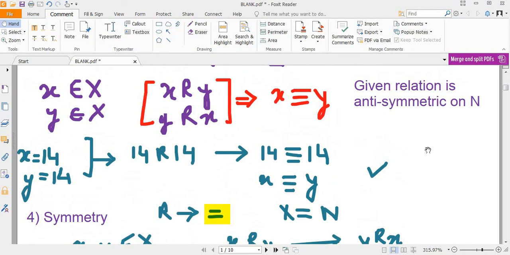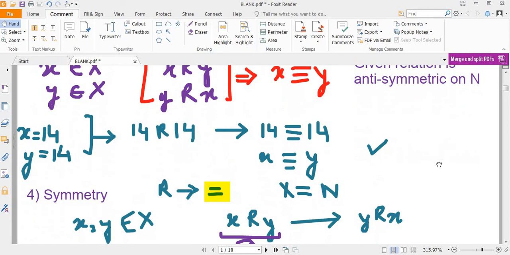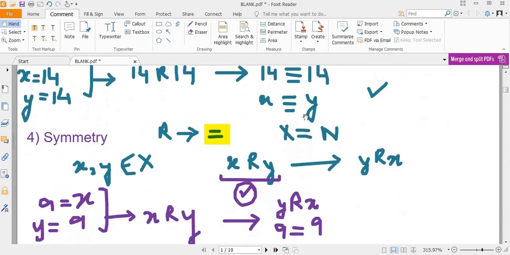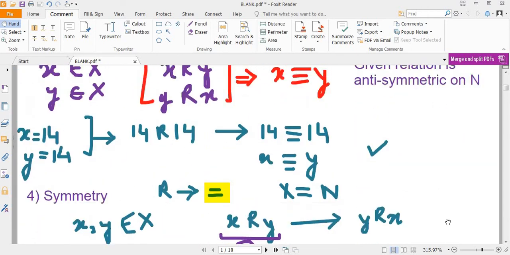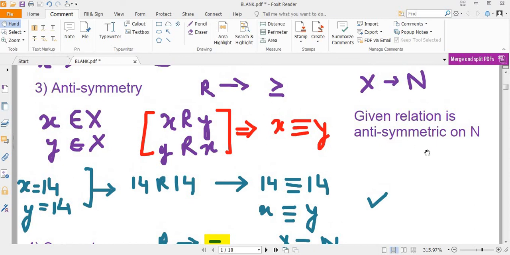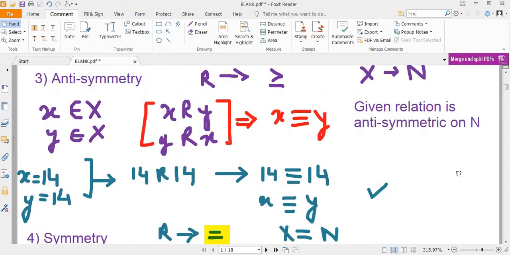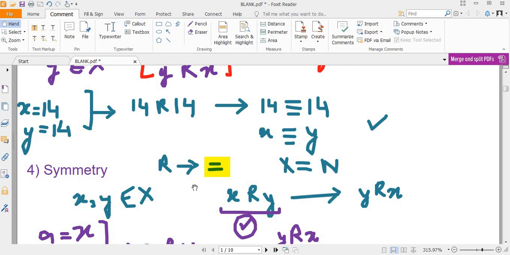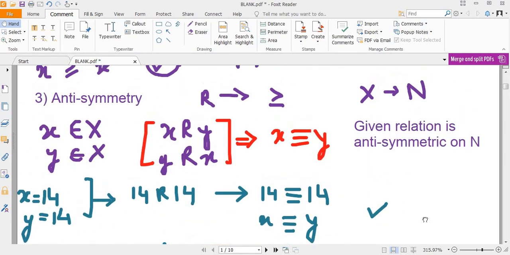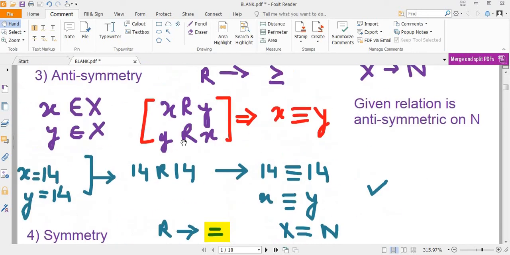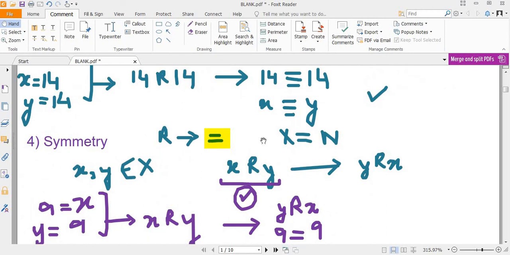So that is the difference between anti-symmetry and symmetry, and essentially this is how you prove whether a relationship is anti-symmetric or not, and symmetric or not. Just a point to be noted: the symmetric property does not hold for greater than or equal to, and the anti-symmetric property you cannot simply deduce for the equal to sign. What you can do is check the other ways.